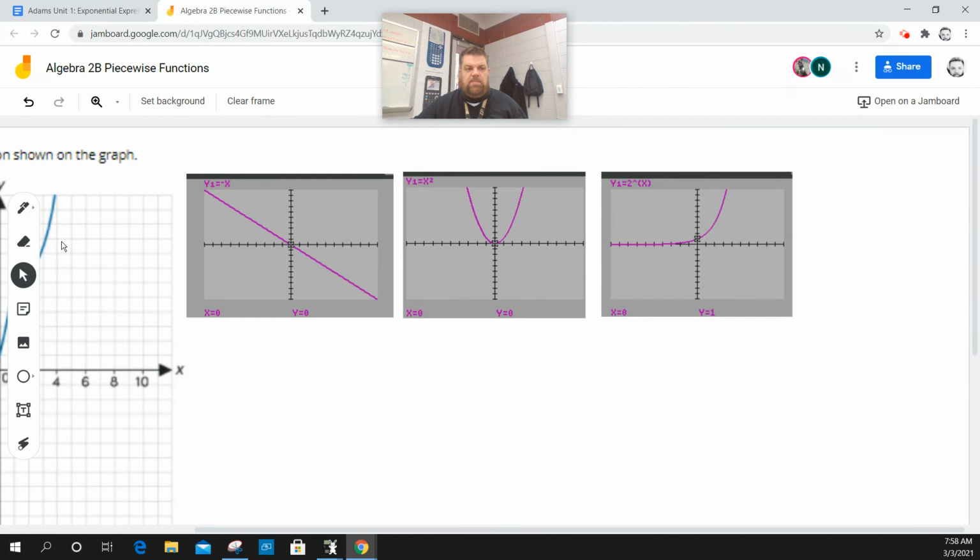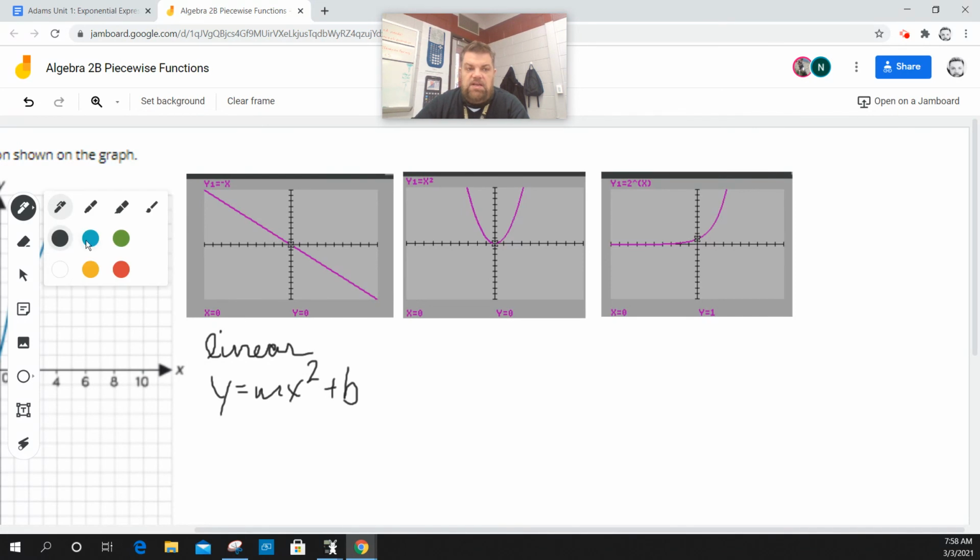All right, so let's talk about this. The question was, which one is an exponential? So we've got 3 parts to this graph, and we'll compare them in a second, but this one is a linear, right? That looks like y equals mx plus b. The next one is quadratic, right?